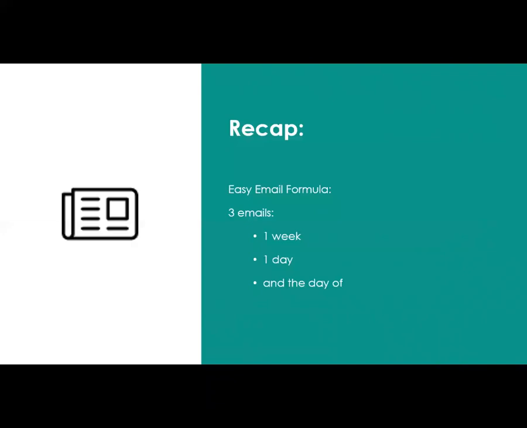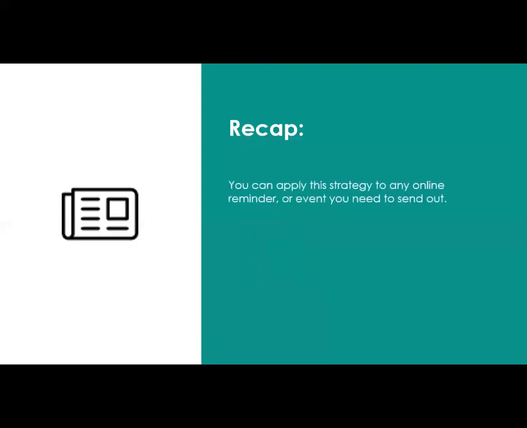That is basically the most effective way we have been able to see for everyone to stay engaged and to register, and to bring people who may be sitting on the fence about whether they can attend or not, to draw them in to just sign up anyway, because even if they can't attend, they'll still receive some sort of asset at the end. So what you can do is apply this strategy to any online reminder or even any event that you need people to sign up for.